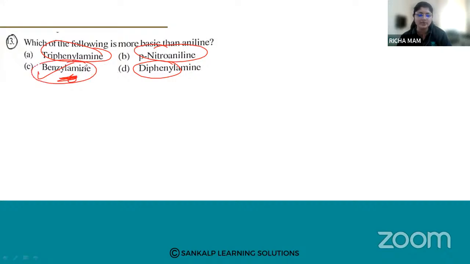But in benzylamine, the nitrogen is not directly attached with the ring, so the lone pair is not conjugated with the system. In other systems like para-nitroaniline, the lone pair can be involved in the conjugated system. But in benzylamine, it is not involved. So option number C is the correct one.